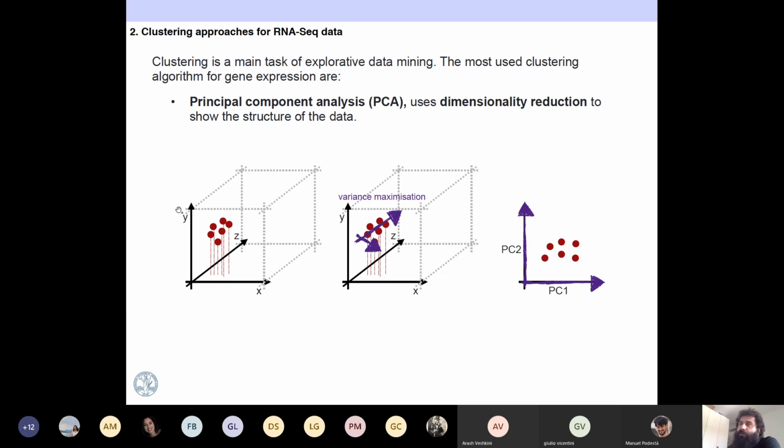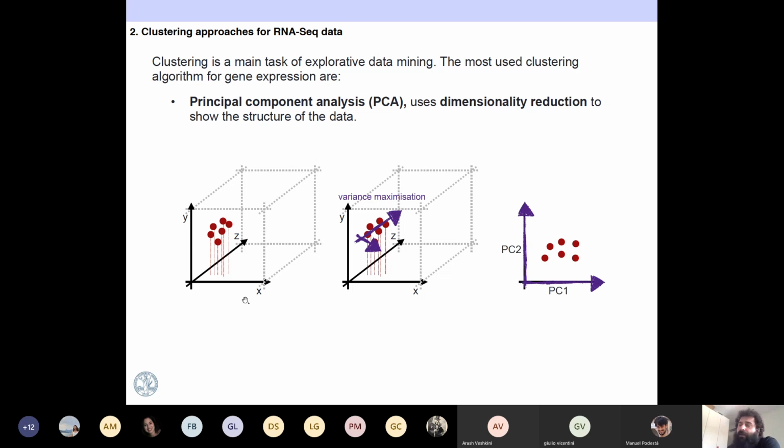You combine these three components and measure the variance of those, so it's a transformation, and then you maximize the variance in one order, then you maximize the variance in another order, and you do so for as many components as the initial variables that you have.